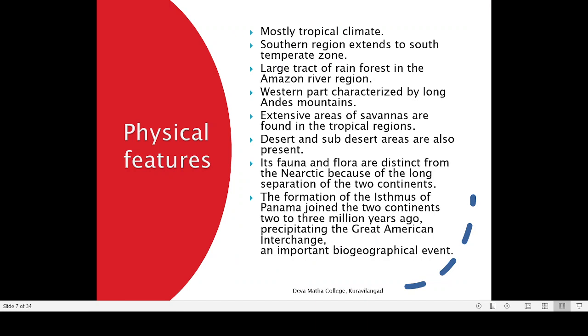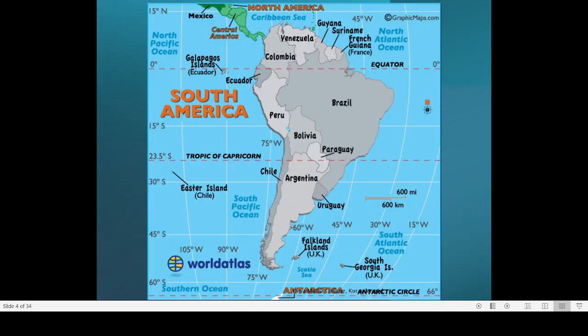We will take one by one. The first physical feature is that they are having a tropical climate. So we have already seen what is a tropical climate because this is the equator and most of these regions are present. What are the countries which are coming under the tropical climate? Paraguay, Bolivia, Brazil, Peru, Ecuador.